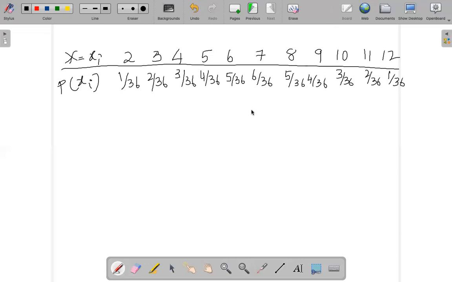Now if you look at this, P of xi is greater than 0, and the sum of P of xi's will be equal to 1.